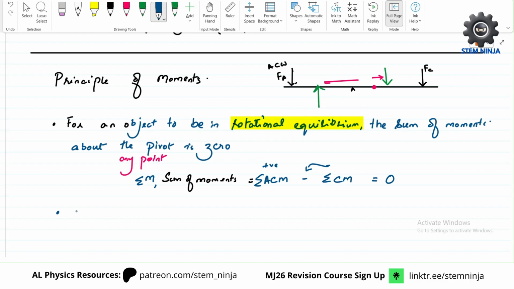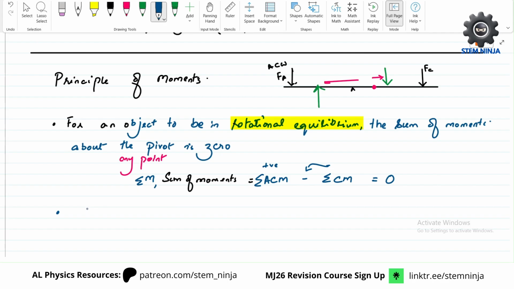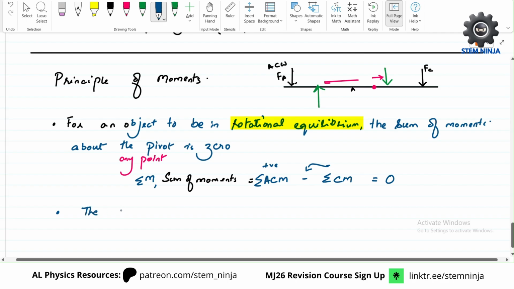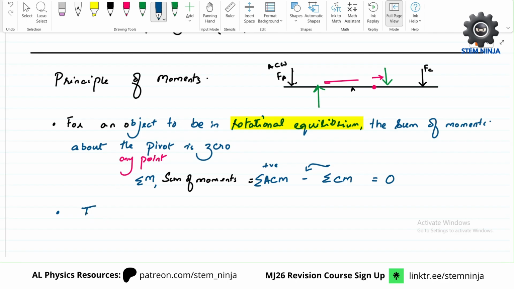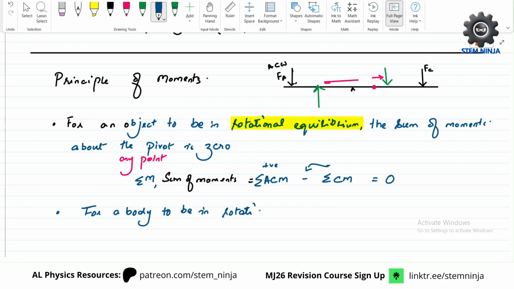Another version of the same statement is that for a body to be in rotational equilibrium, this key phrase is important.